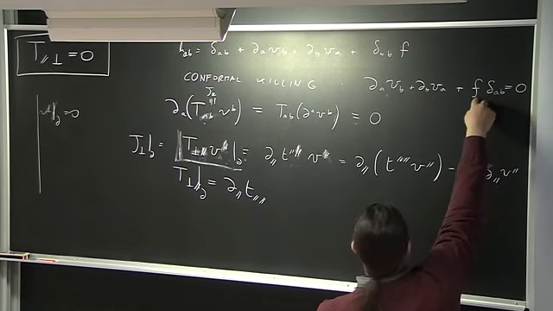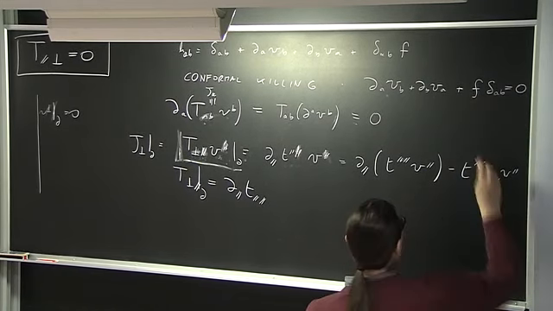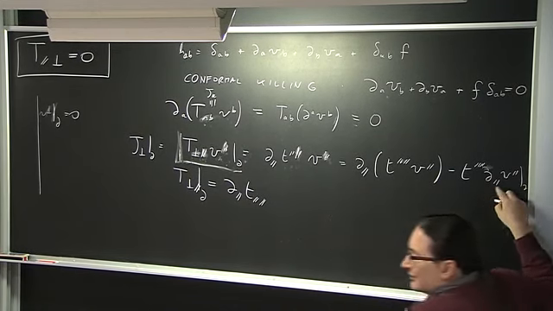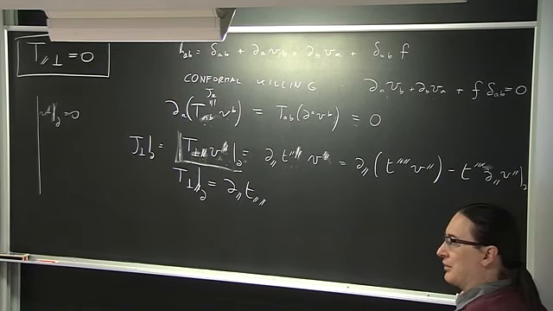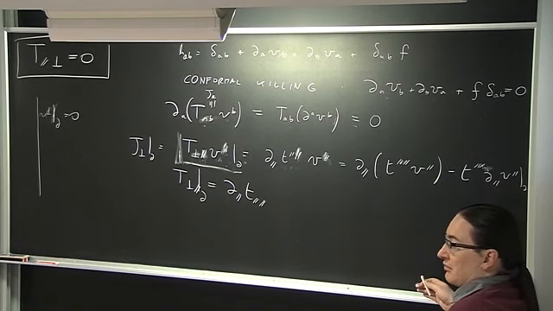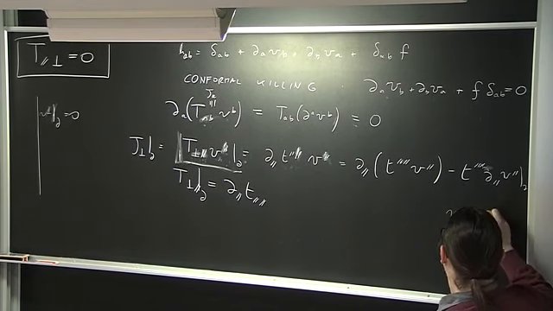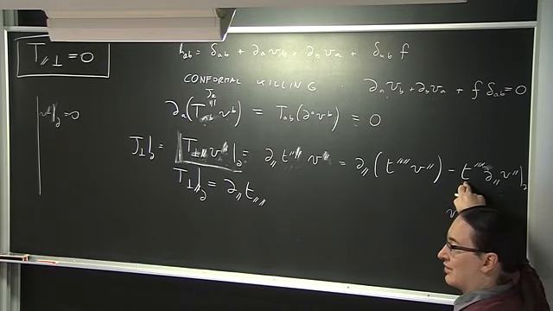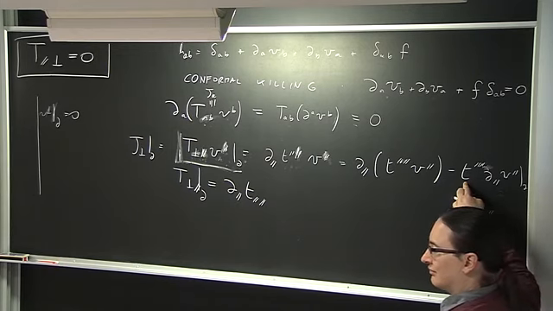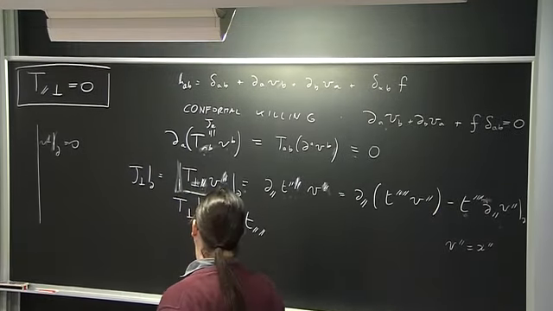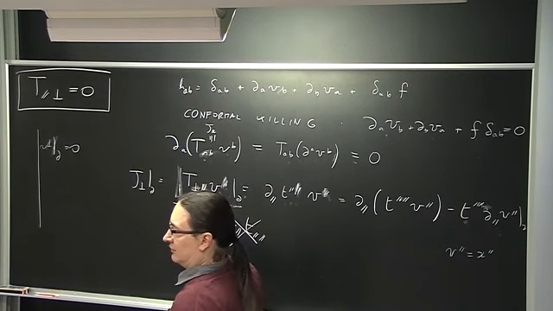But this is precisely F at the boundary. So there are definitely conformal Killing vectors for which F is non-zero. For example, a scale transformation has V parallel equal X parallel. So this divergence is literally 1. And so this has to vanish. So there cannot be any boundary stress tensor. There can only be this condition.